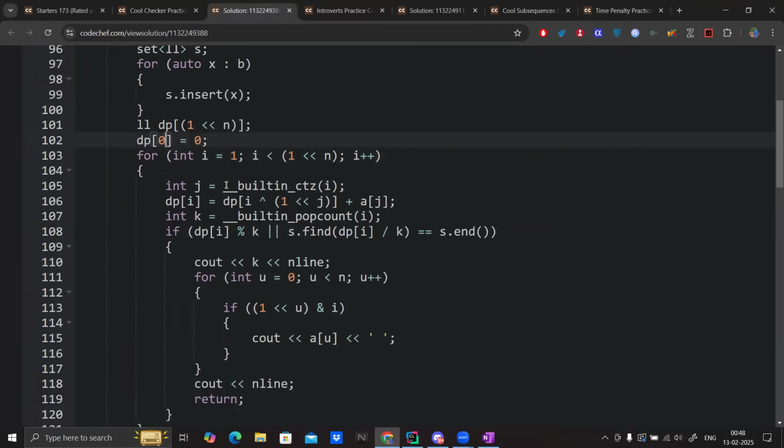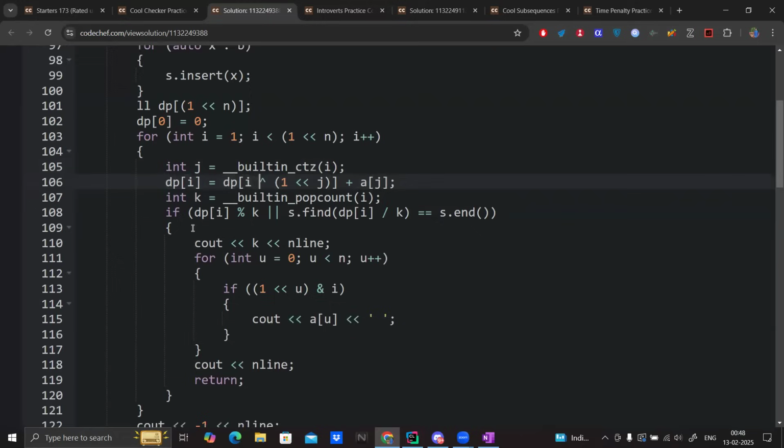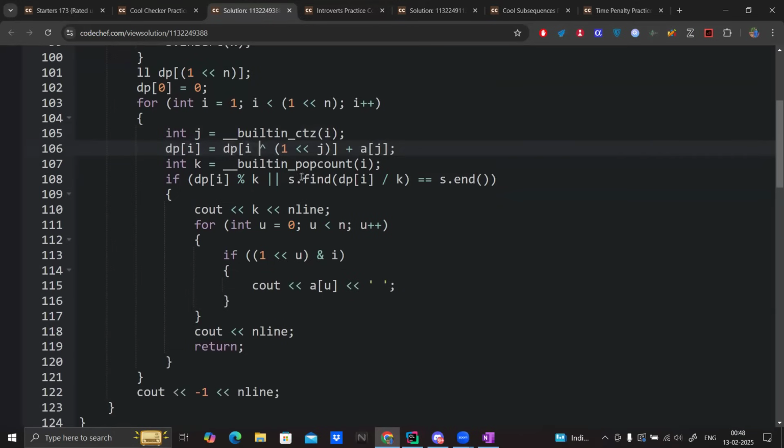So first I'll find the last set bit, that is j. And dp[i] is just dp[i without the jth bit] plus A[j]. So that is my transition. And k is the pop count, that is the number of ones, the number of elements in the subsequence.